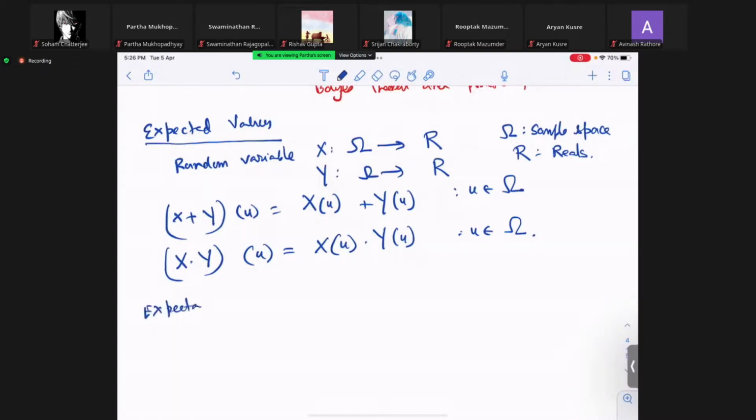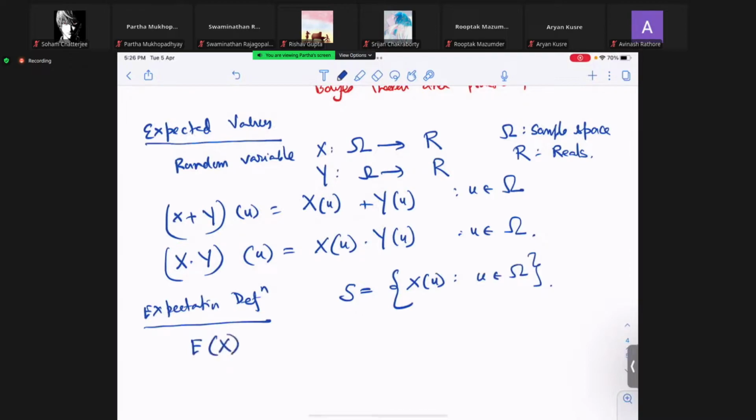So recall the expectation definition. Let S be the set of all the values that the random variable takes. So the expected value of a random variable is the value it takes times the probability.